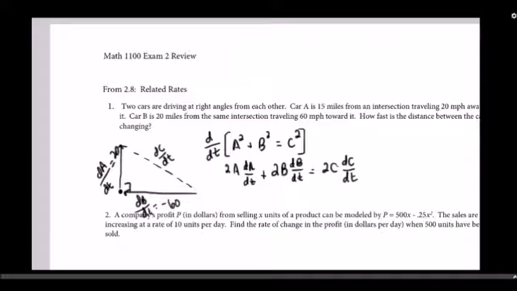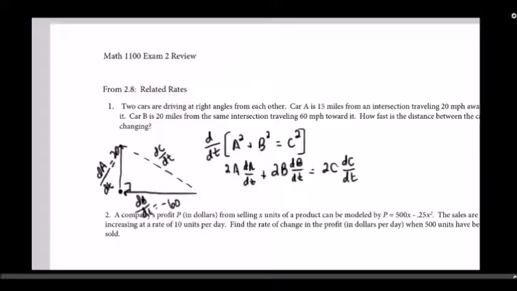The value of C hasn't been given, but at this particular moment, when car A is 15 miles from the intersection and car B is 20 miles, we can just do a quick Pythagorean theorem. 15 squared plus 20 squared equals C squared. If you go through the process, you find that C equals 25. So when A is 15 and B is 20, then C equals 25.